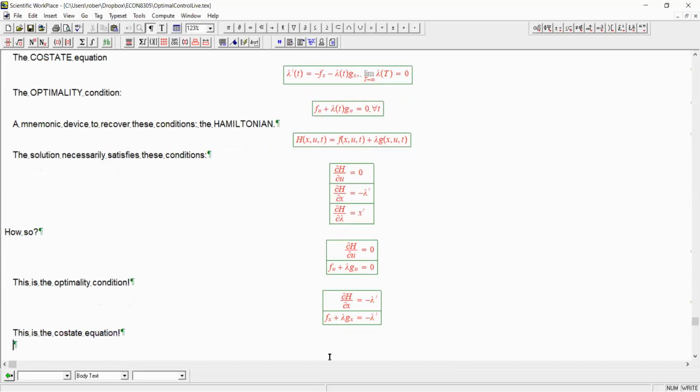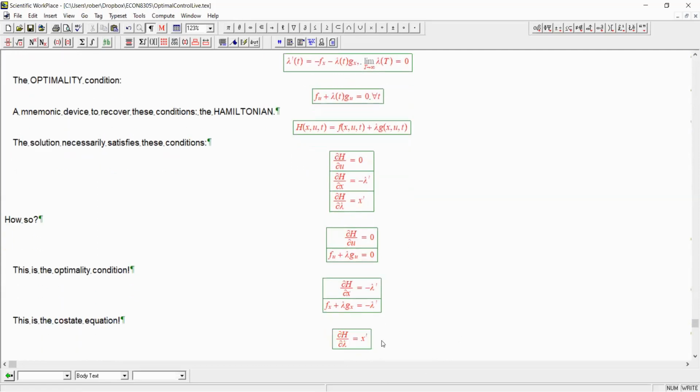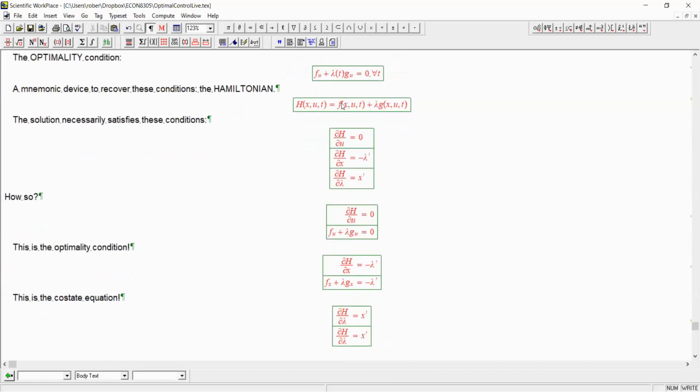And last, let's take this condition, replace here the Hamiltonian with the expression for the Hamiltonian. This is easy to derive with respect to lambda. The derivative of f with respect to lambda is 0.